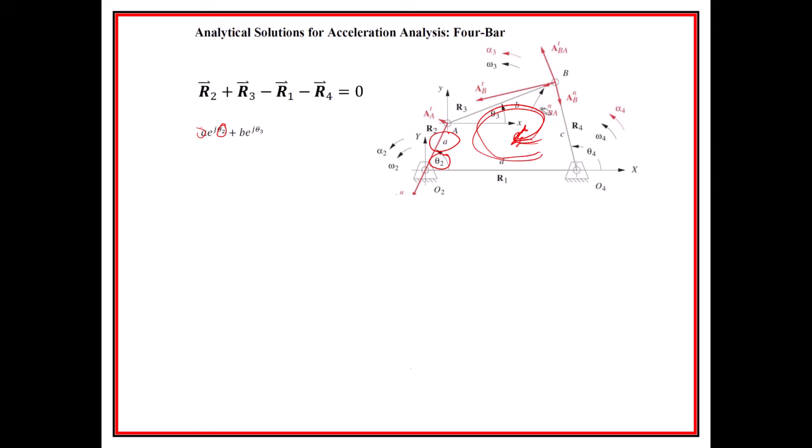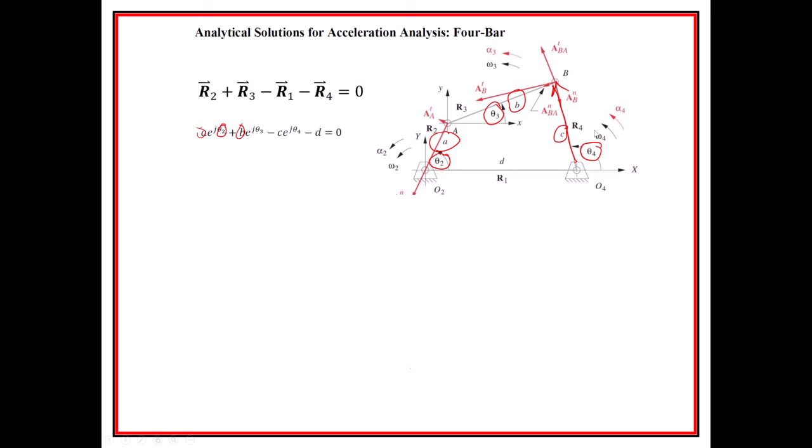And then we march on to our second vector, which has a magnitude of B and an angle of theta 3. It's important that that's measured from horizontal, counterclockwise. And then we're going backwards through this vector, which is pointing this way, so there's a negative sign. We have a magnitude of C and an angle of theta 4.